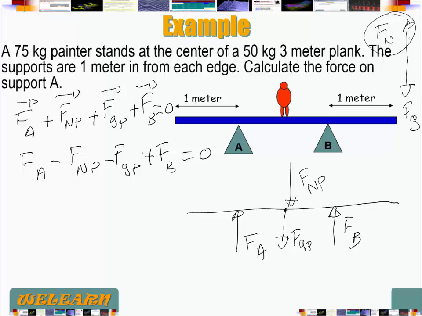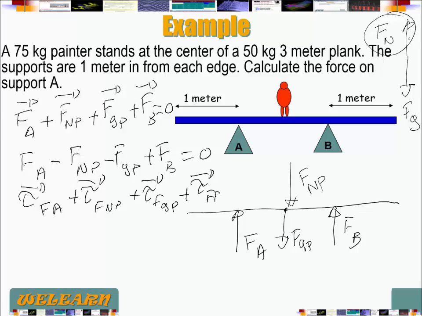So then we resort to the torque equation. The sum of all torques is going to be equal to 0. That says torque due to FA plus torque due to FNP plus torque due to FGP plus torque due to FB is going to be equal to 0.